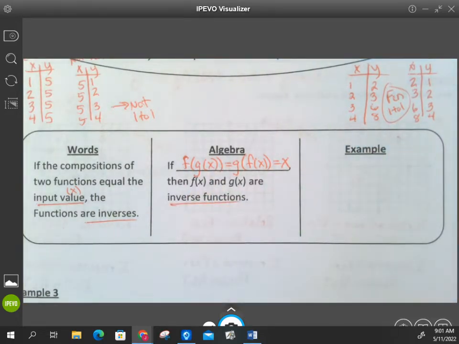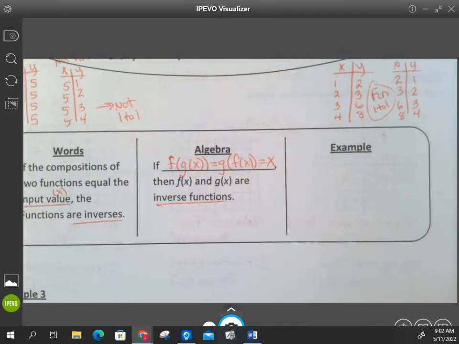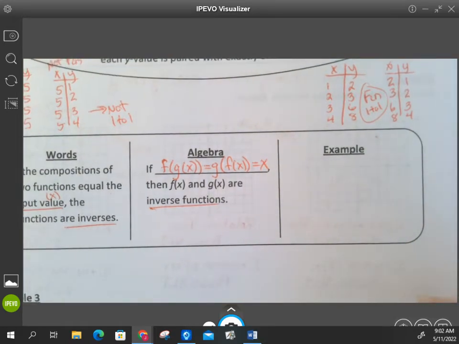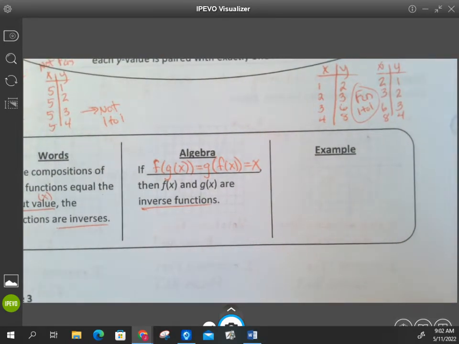So there's going to be times where you're told, hey, find the inverse. And if you're told to find the inverse, you flip x and y, you solve for y. I found the inverse. But there's times that you're going to be asked to find if they are inverses. You can't just find an inverse and say, yes, they're the same. You actually have to prove it. And so you basically prove their inverses by composition.